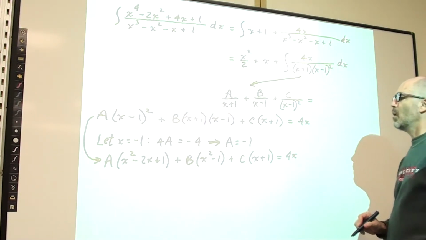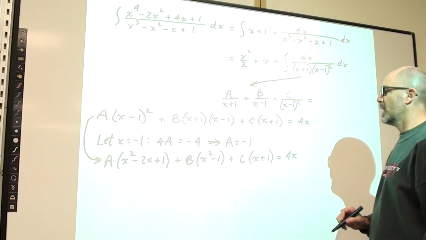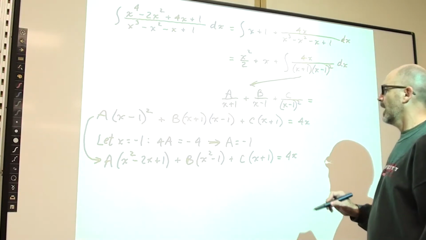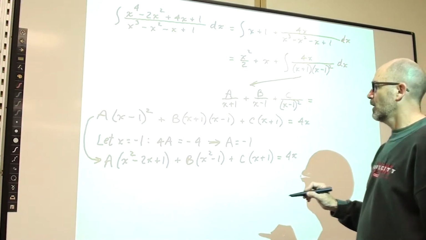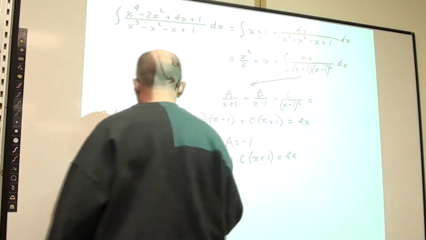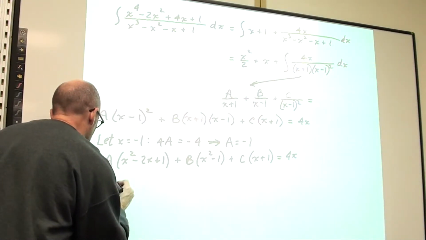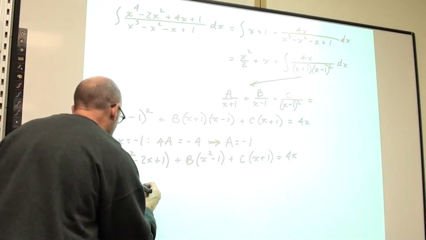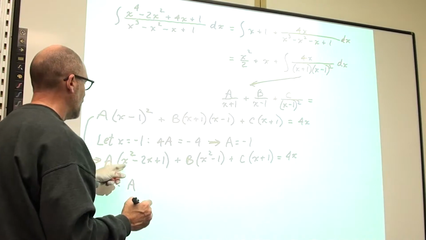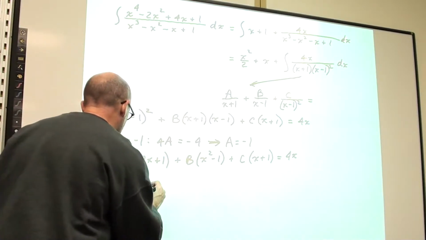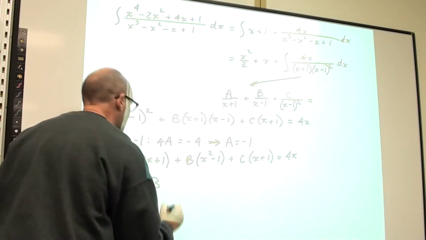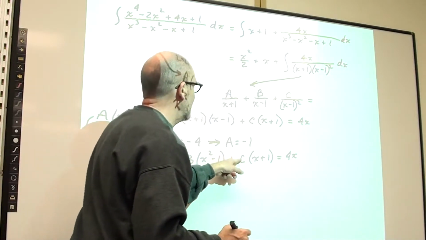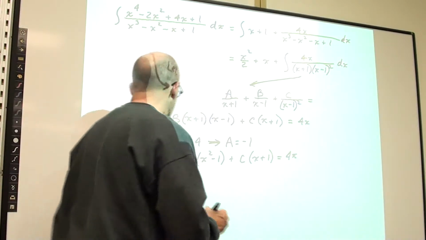Okay, so now what we do is we say we've got how many x squareds? Well, the x squared is going to be A times x squared plus B times x squared. And there is no C here, and there is no x squared over here.